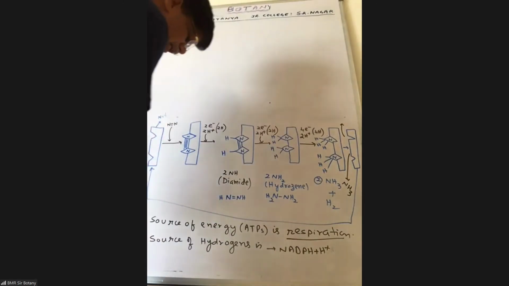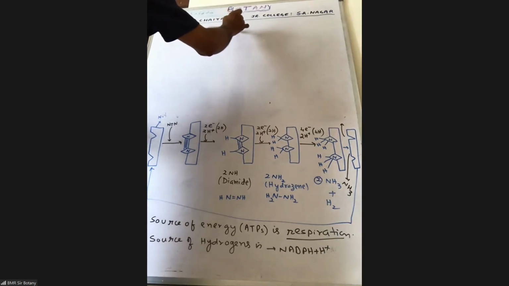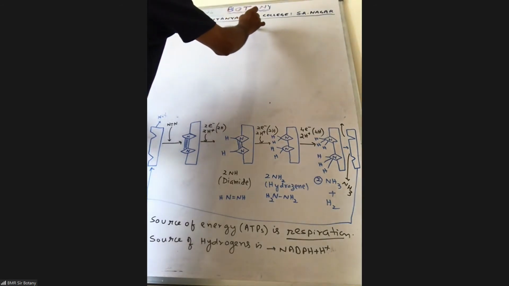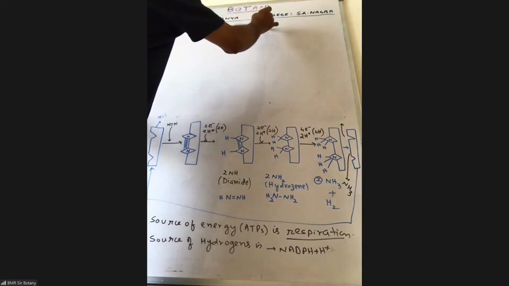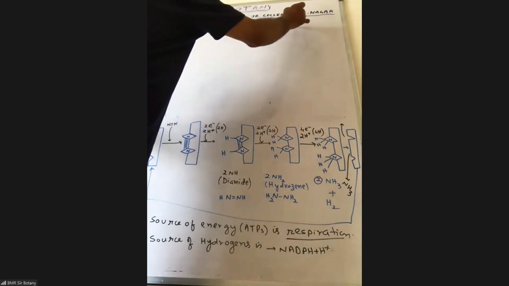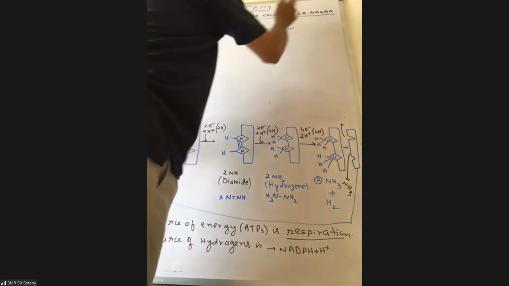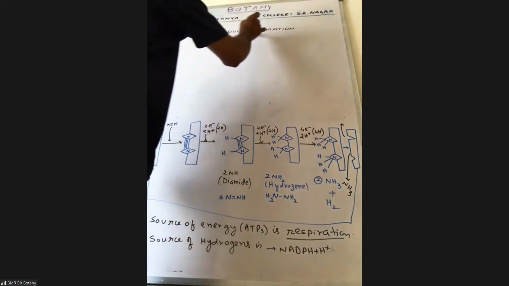Important even from an exam point of view, root nodule formation in legumes, or otherwise even for Frankia also the same. So better is, right, root nodule formation.